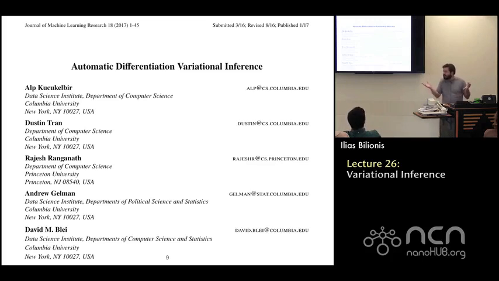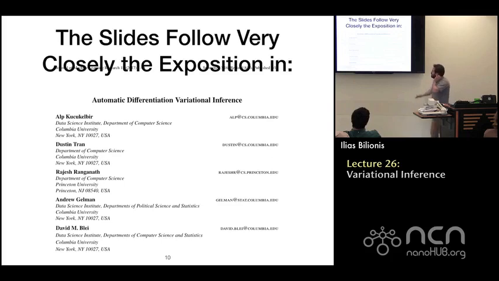And I'm happy to say that you should be in a position right now to understand what this paper is all about. All right, so my exposition from this point on is going to follow the paper very closely, but I'm changing the notation a little bit to match it with our own.